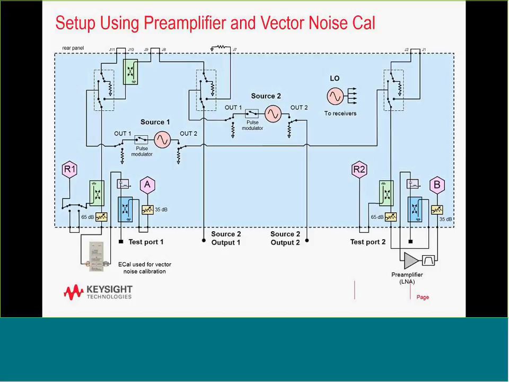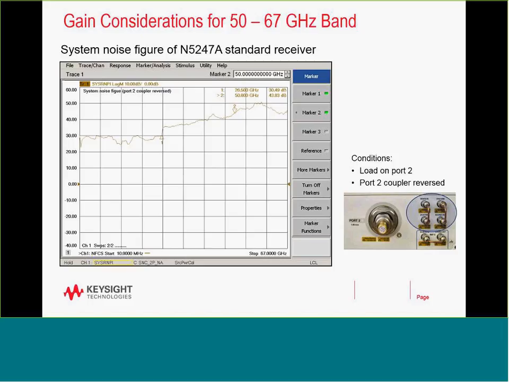Those are the links where you can effectively reverse the coupler, use the low loss path straight into the B receiver and the high loss path for the source port, so that you can actually decrease the front end noise figure of the network analyzer by 50 dB by flipping those, improving your noise figure capability.